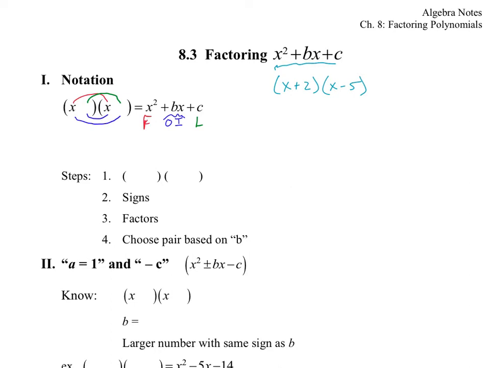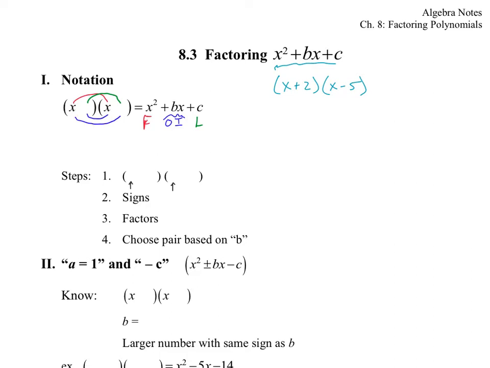All right, so my steps. First step, and it's especially easy in this section, is I figure out what goes in front there. As long as it starts out as an x squared, you're going to have an x and an x. Some of them maybe will give you a b squared or a d squared, then you'd have a b and a b, or a d and a d. The second thing I look at is the signs.